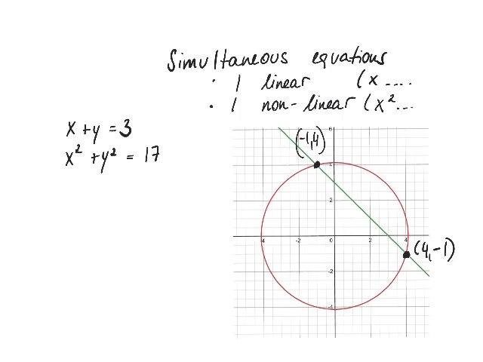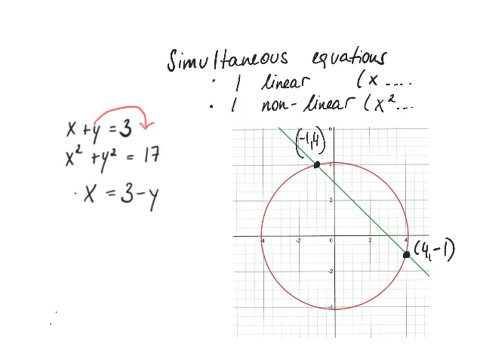The first thing we have to do is isolate one of the variables in the linear equation. We decide to isolate the x, which means I'm going to bring this y over to get it out of the way and have the x by itself. So that leaves me with x equals 3 minus y. Remember, if we bring something to the other side, we have to change the sign.